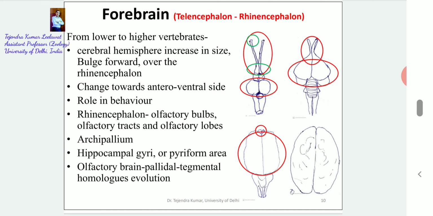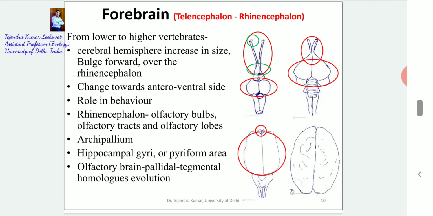But over time, in the higher animals, the cerebral hemisphere continuously enlarges and the rhinencephalon continuously reduces, and that's why its structure is very reduced. You can see four images I took here. The first one is from a fish.